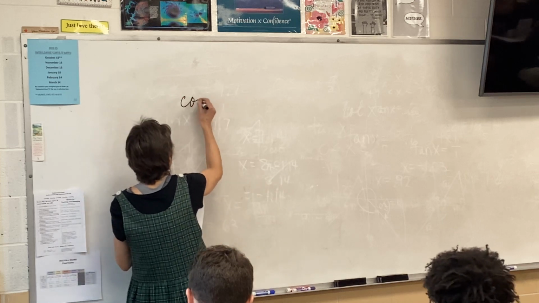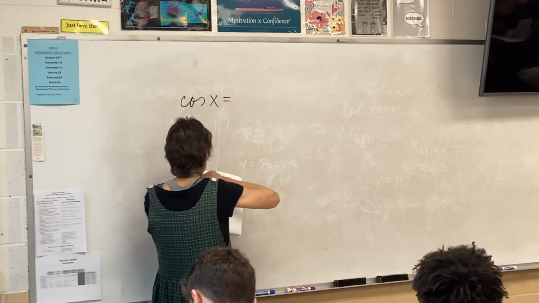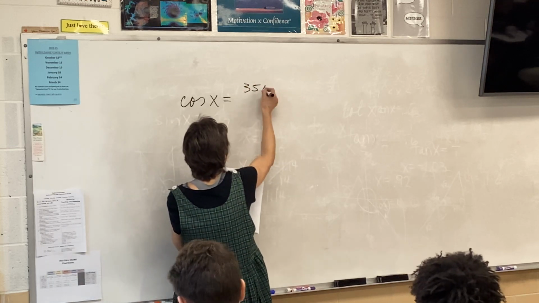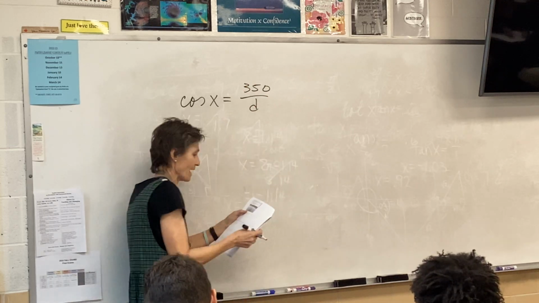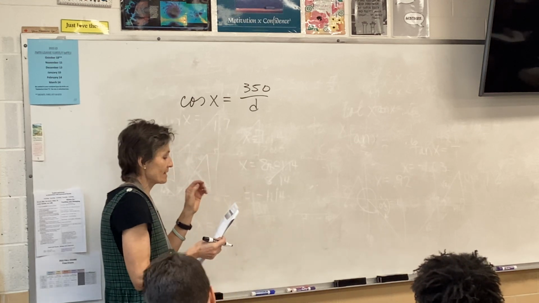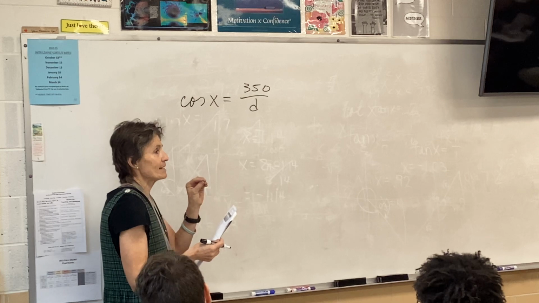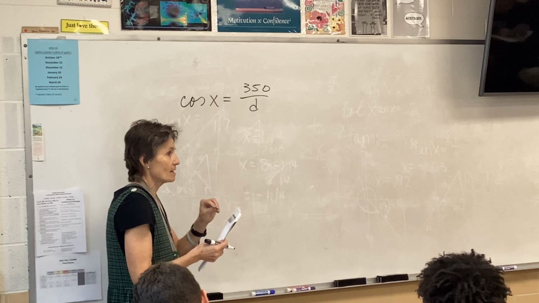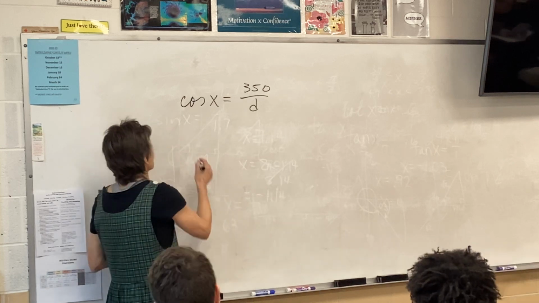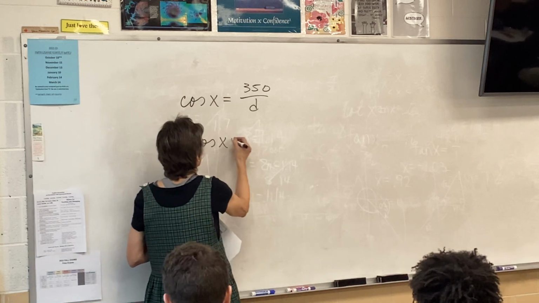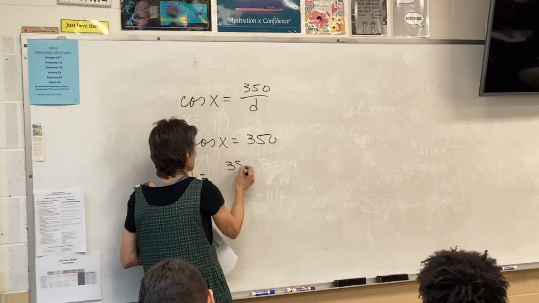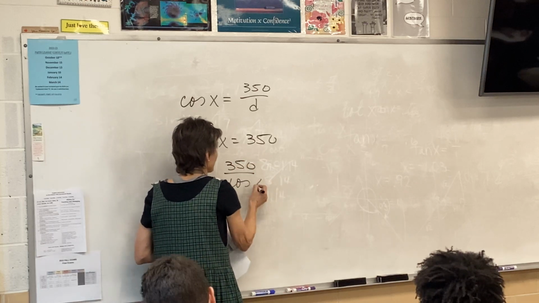So we're going to say cosine x equals 350 over d. Would you agree with that? Now, be careful. It says express d as a function of x. So that means get d by itself. Okay? So d cosine x equals 350, and d equals 350 divided by cosine x.